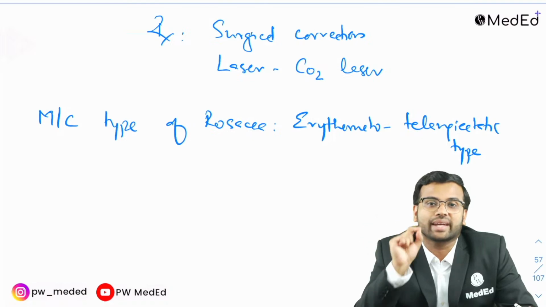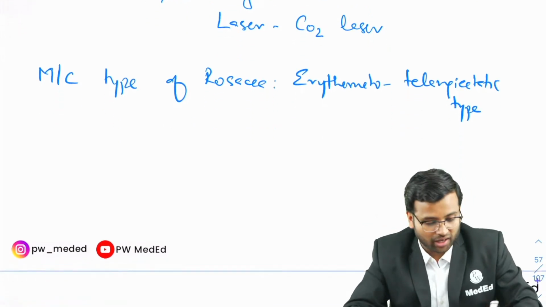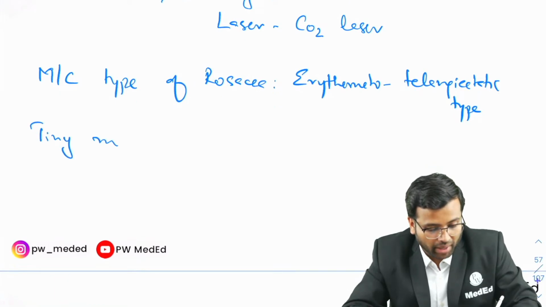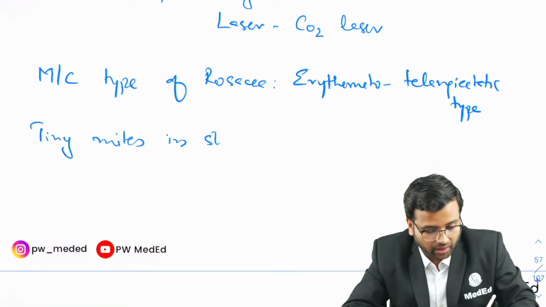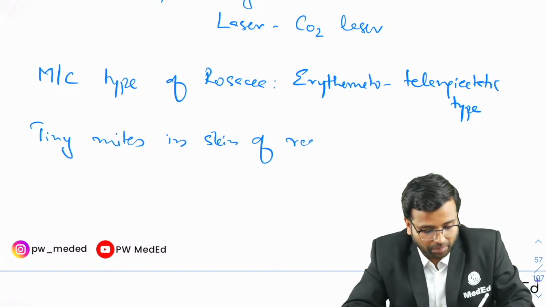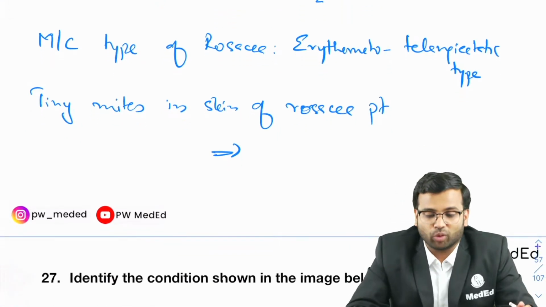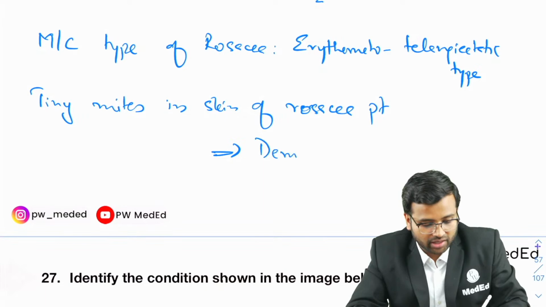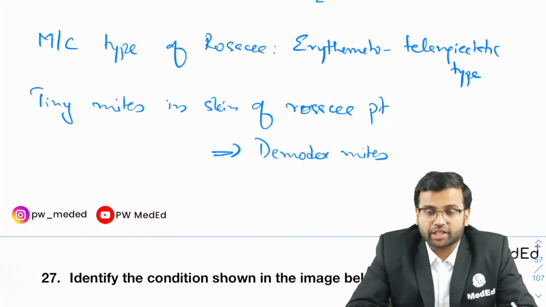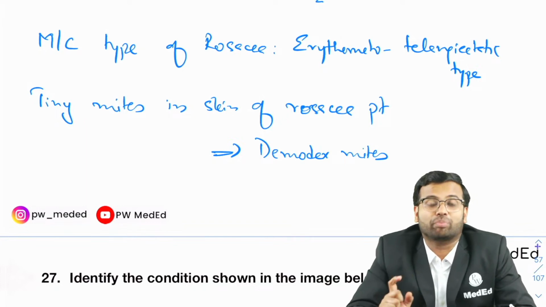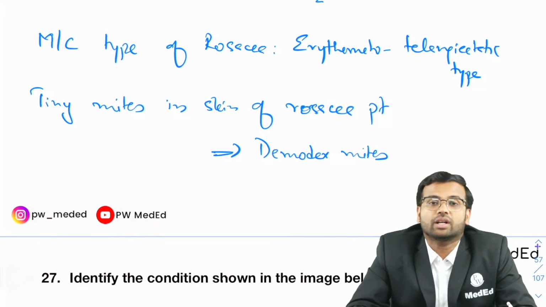What are these tiny mites in the skin of a rosacea patient called? These are called Demodex mites. Demodex folliculorum, this is the name of the very peculiar type of mites that you can see in the case of rosacea.